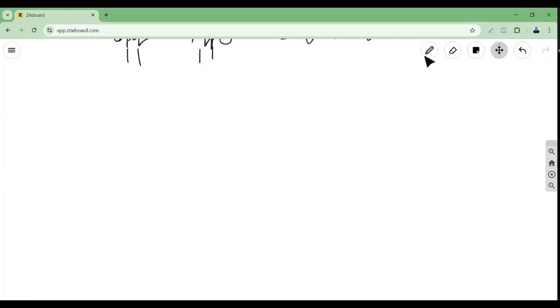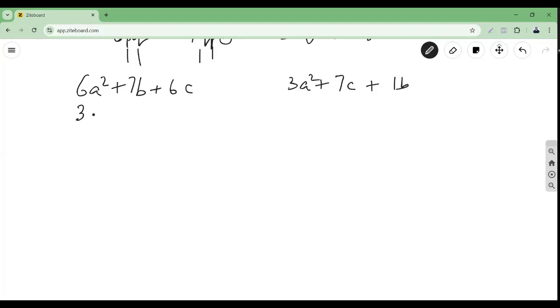Okay, now when it is like terms, you can add them. Let's say an expression is 6a square plus 7b plus 6c. And let's say another expression is 3a square plus 7c plus 1b. Now, how do I add them up? Whatever is a like term, I have to write below the other. 6a square, that means 3a square in the bottom.